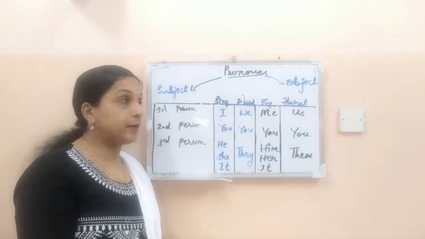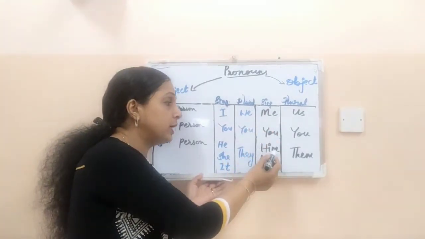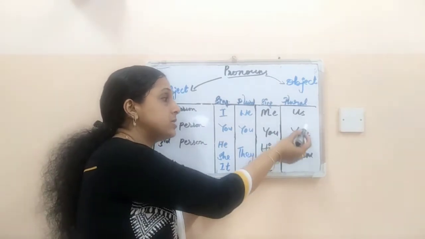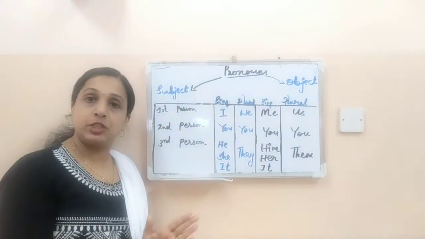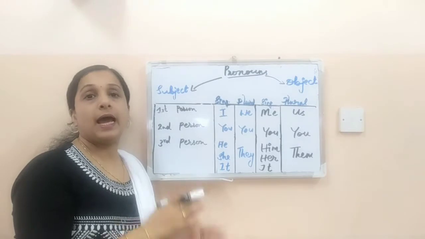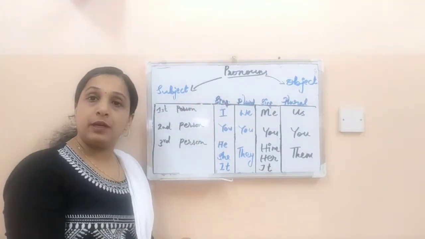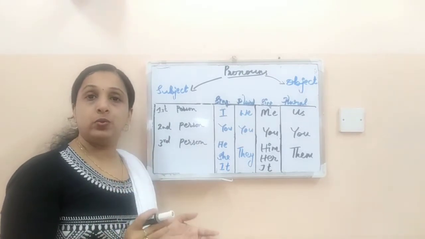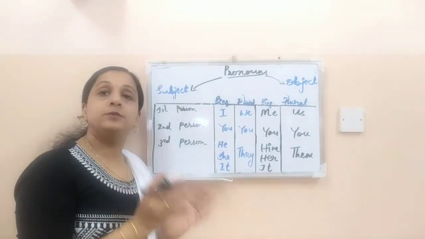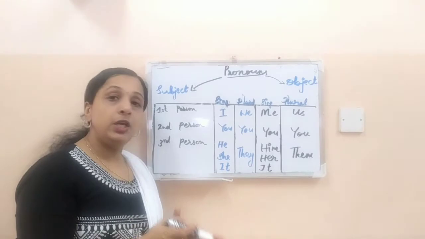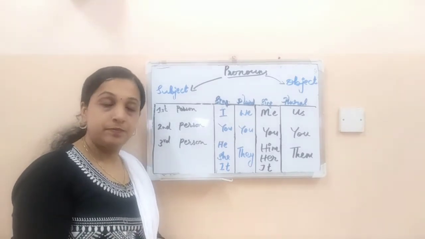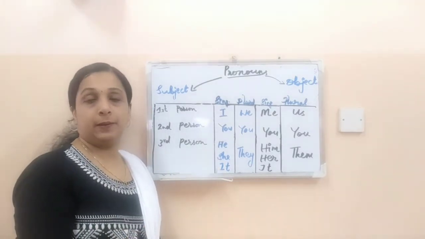So what are the object pronouns? Me, you, him, her, it, us, you, them. Like subject pronouns, there are singular and plural. Subject pronouns are I, we, you, they, he, she, it. Object pronouns are me, you, him, her, it, us, you, them.